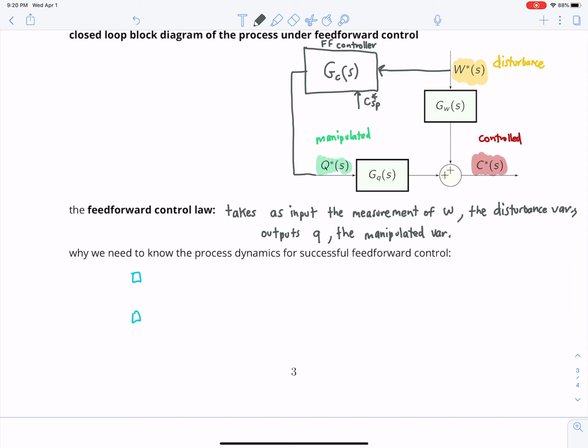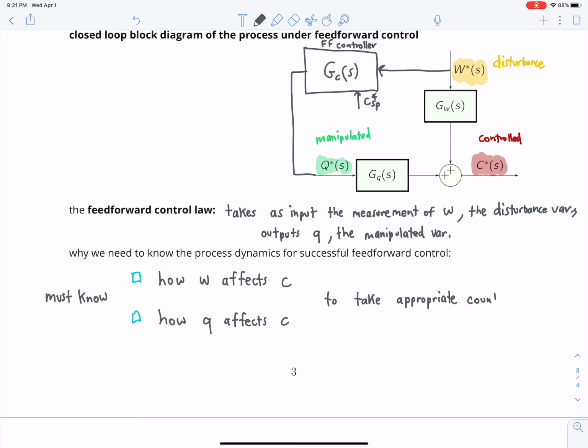So we need to know how W affects C and how Q affects C. So we must know to take the appropriate counteraction to eliminate the effect of the disturbance on the controlled variable.